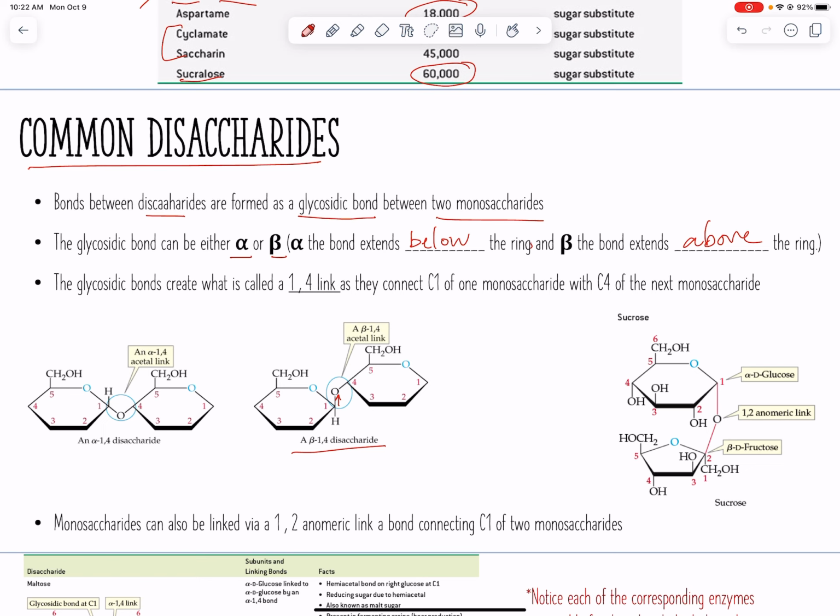So I want to erase that S because we're really just considering the monosaccharide on the left, this one and this one in each case, and its orientation. Last point here: the glycosidic bonds create, often, not always, what is called a 1,4 link because they usually connect carbon 1 of one monosaccharide with carbon number 4 of the next monosaccharide.